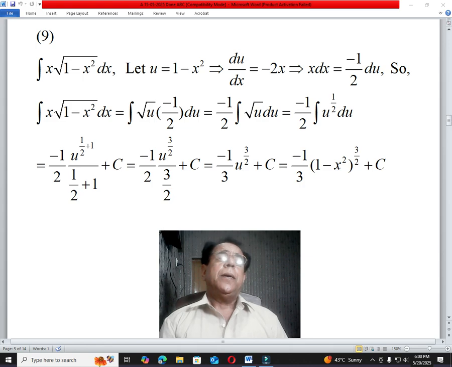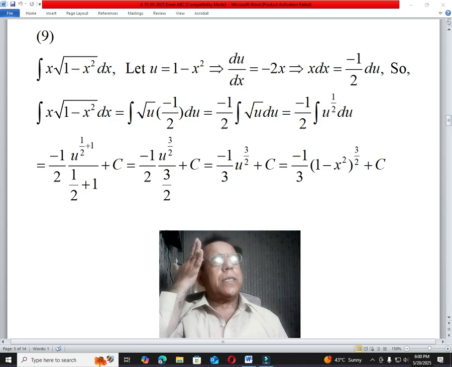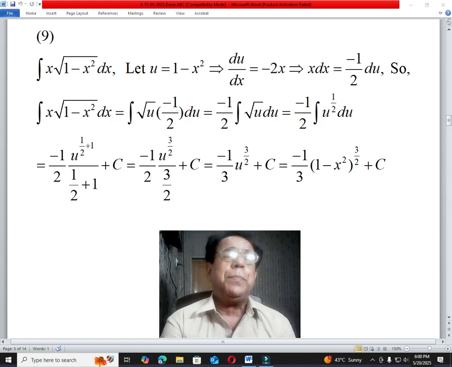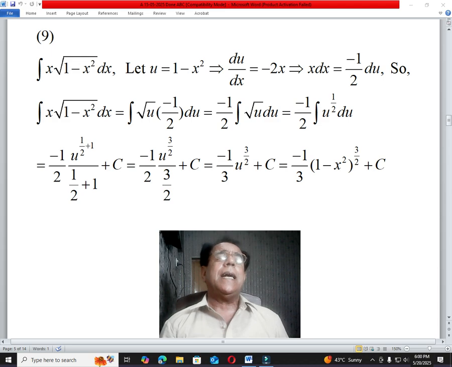The only difference between those 8 problems and these 10 problems is that here we have to choose the substitution by our own choice. In the statement it is not given that u is equal to this.